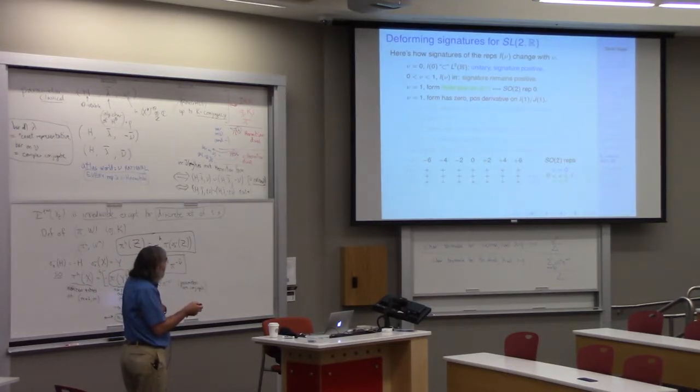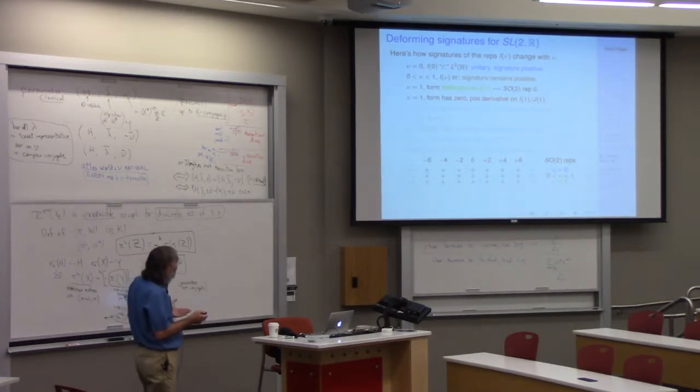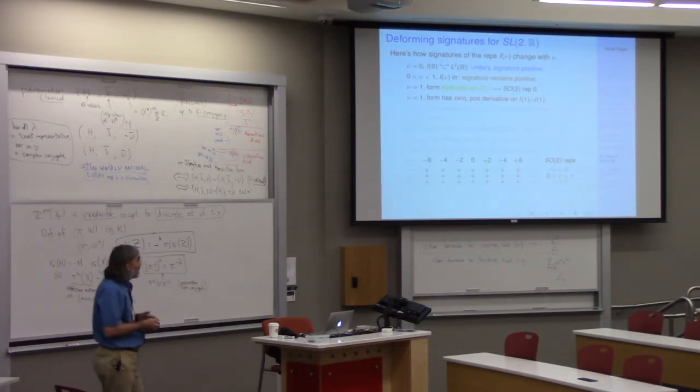So this form has a radical, and that's these K-types other than 0, these guys over here and these guys over here, and really the form is 0 there, that's why I put them in red.